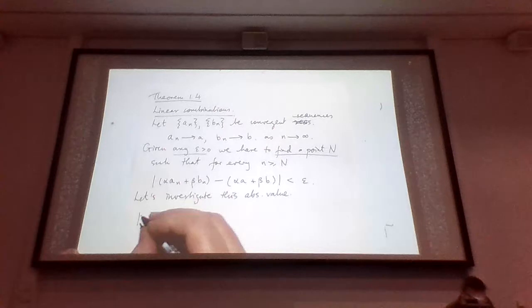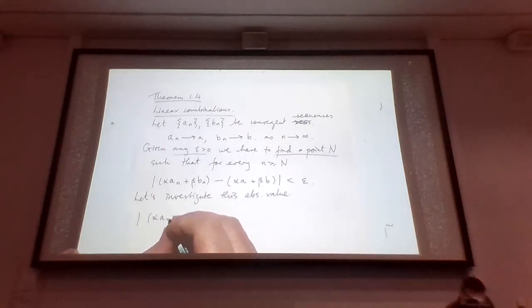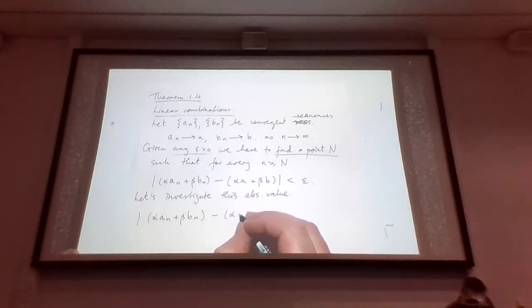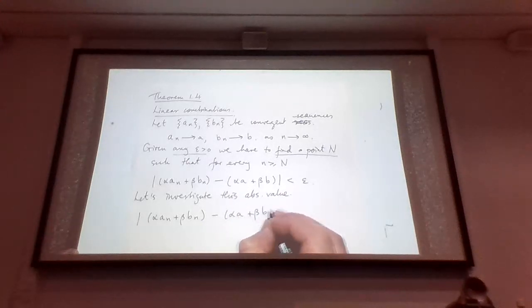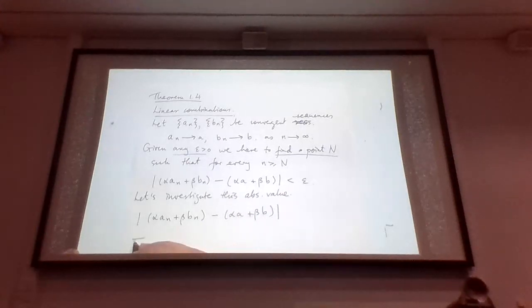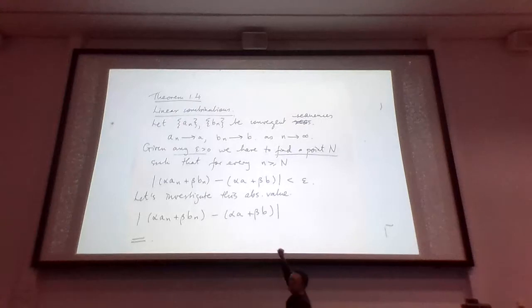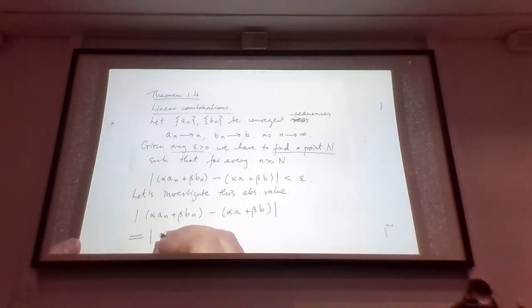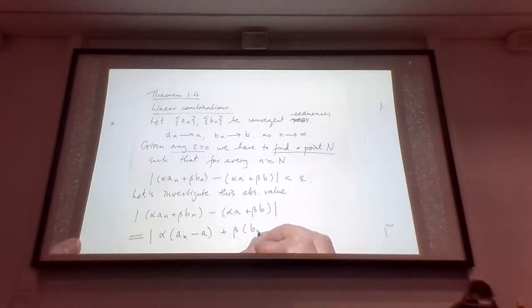Okay. There's a natural, helpful way that I might rewrite this. At the moment, the a_n and b_n are mixed up here, and the a and b are mixed up there. I can rewrite it in a nice way that packages up the a_n beside the a and the b_n beside the b.